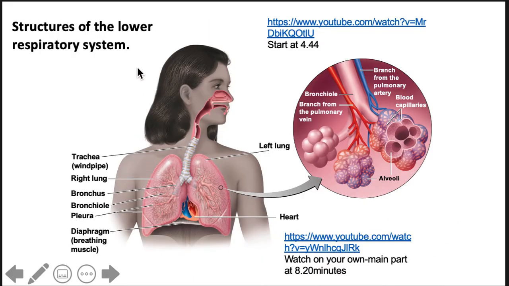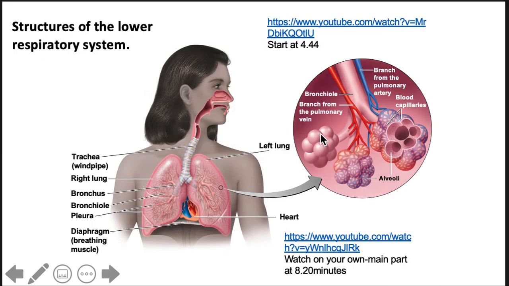So structures of the lower respiratory system are going to include your windpipe, called the trachea, and your lungs. Your lungs are made up of smaller and smaller branches, right? So from the trachea being the largest branch, then smaller and smaller until you get down to single cell level of what we call the alveoli.